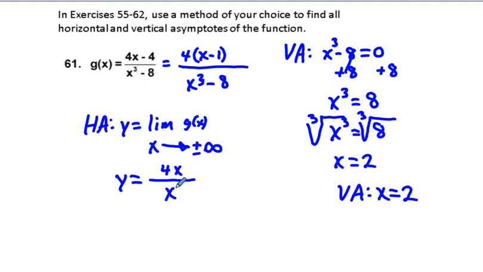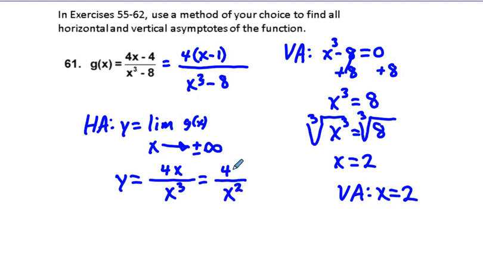When we simplify, one x cancels out, so we have 4 over x squared.